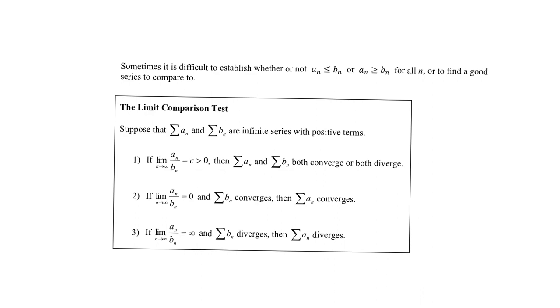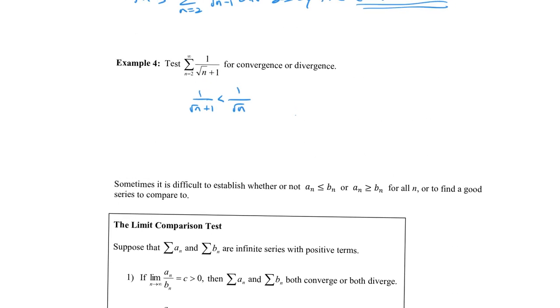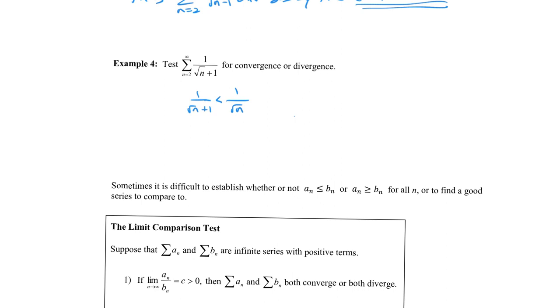So with this in mind, let's go back to that other series and see if we can figure this one out. So this series, we saw we couldn't use the old argument. We couldn't use a direct comparison. Let's just try this limit comparison. So in a case like this, we're going to let b sub n be 1 over the square root of n.